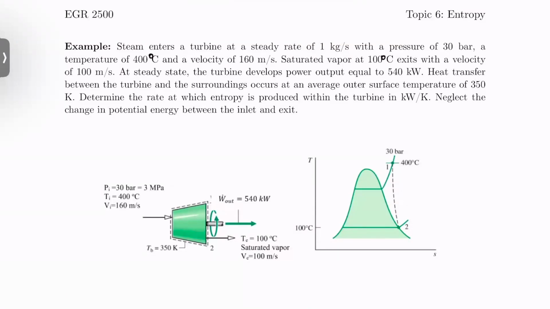At steady state, the turbine develops power output equal to 540 kilowatts. Heat transfer between the turbine and the surroundings occurs at an average outer surface temperature of 350 K. And we want to determine the rate at which entropy is produced within the turbine in kilowatts per Kelvin. And we will neglect the change in potential energy between the inlet and the exit.